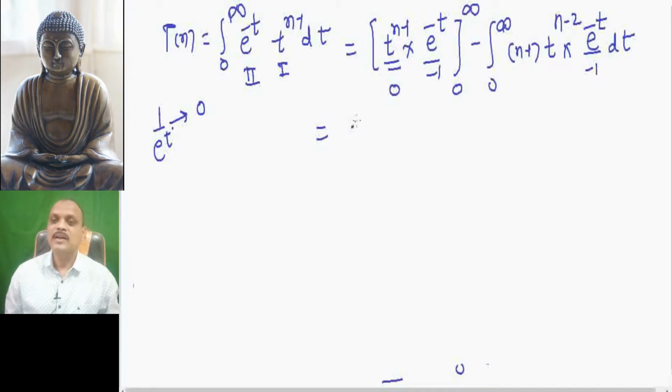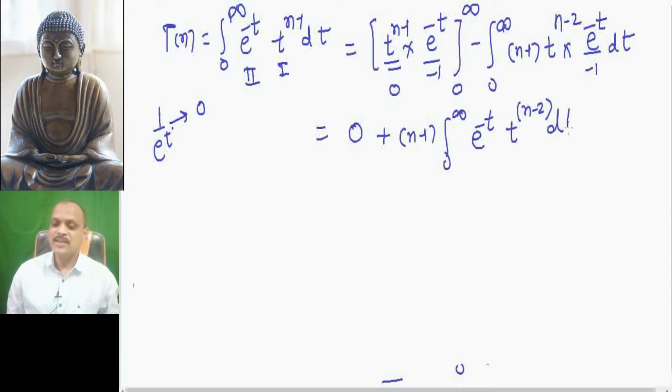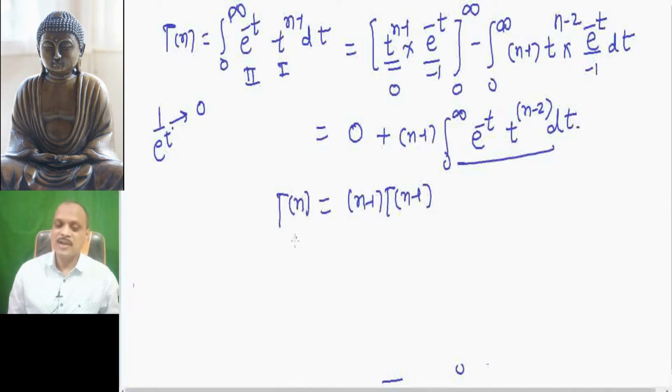At the upper limit we have 0, at the lower limit we have 0, and hence we get 0, and this will be minus minus plus, n minus 1 into integration 0 to infinity e raised to minus t into t raised to n minus 2 into dt. But what is this? This is equal to n minus 1 into gamma of n minus 1. This is our gamma of n.